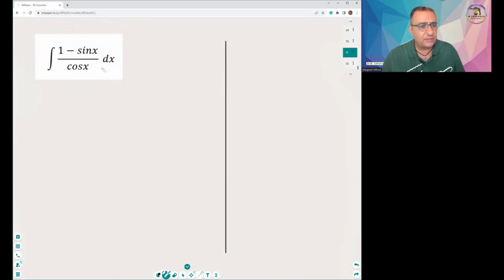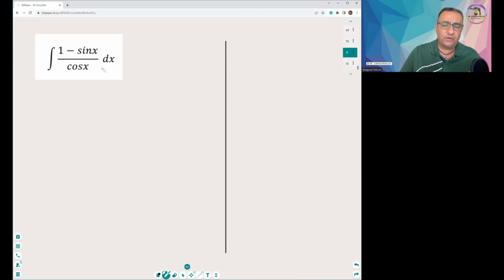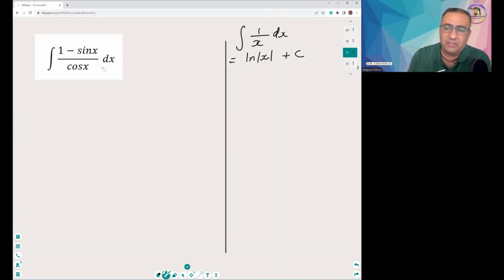Okay, let's have a look at this. The integral of 1 minus sine x over cosine x dx. So how to approach this? Now we have a numerator and denominator, right? Usually, if you think about the ln, if I have the integration of 1/x dx, it is going to be ln of the absolute value of x, but in this case, I need to have the derivative of the denominator up.